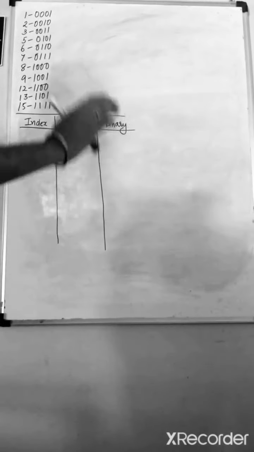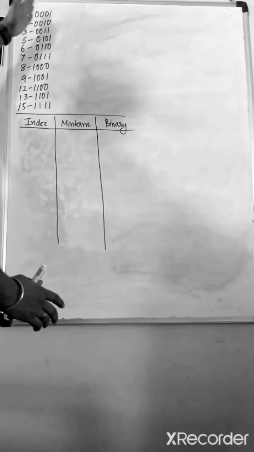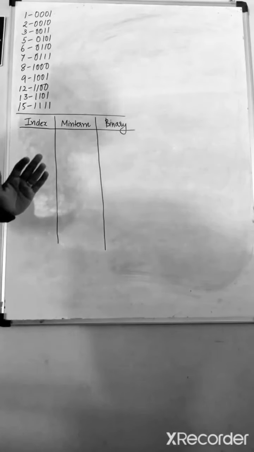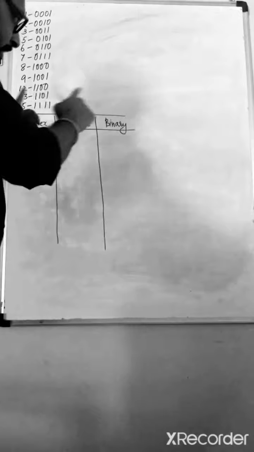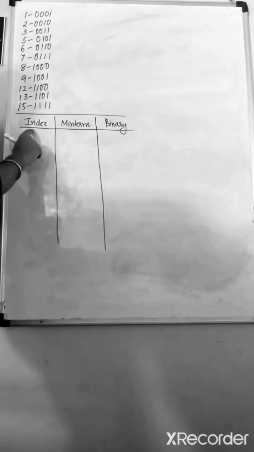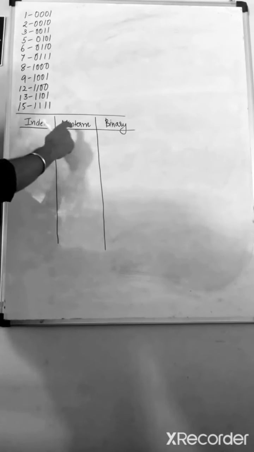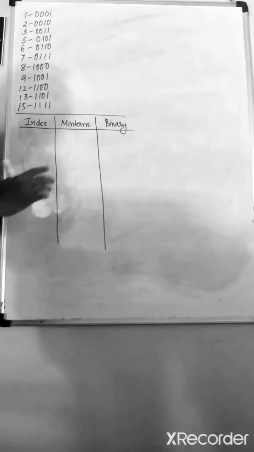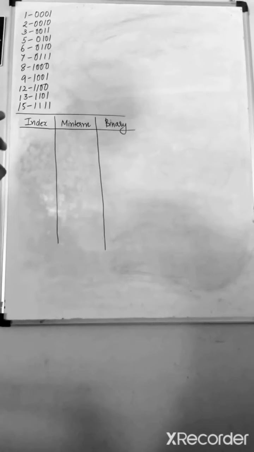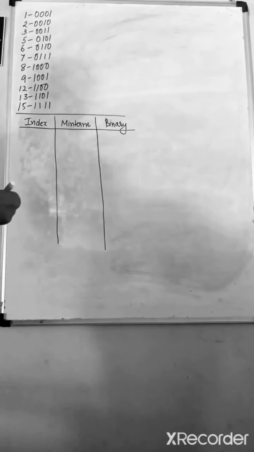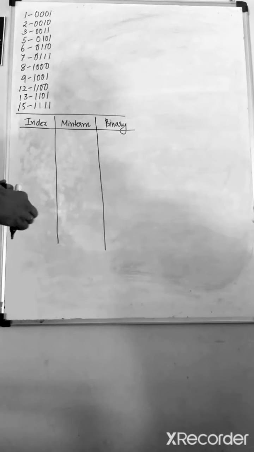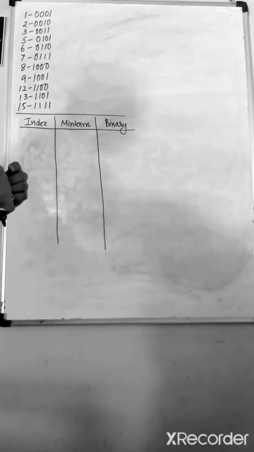Next we need to form a table with the columns index, min term and binary. And the index usually starts from 0.